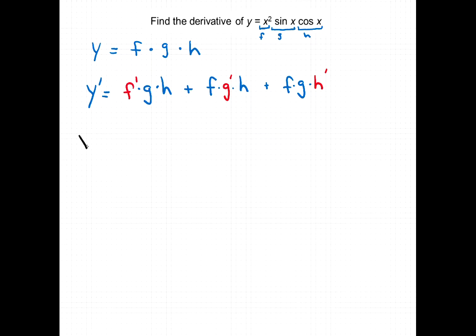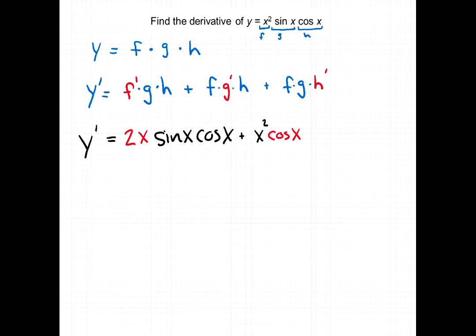Okay, so for the specific problem, y prime is equal to, we'll take the derivative of the first. Let me stick with the color coding. The derivative of the first, which is 2x, times the sine of x times the cosine of x. Okay, then we'll take the derivative of the second. So leave the x squared. The derivative of sine is cosine.